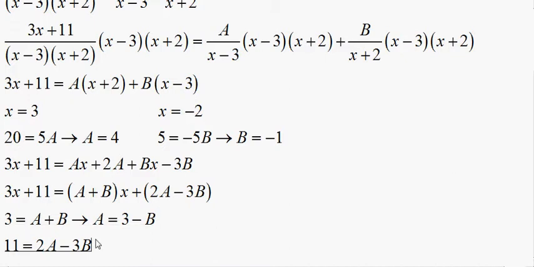Just solve, bring the b over, and then you get 11 equals 6 minus 2b, because we're replacing a, and then multiplying 3 minus b by 2, and then minus 3b, and that's going to be equal to 0.